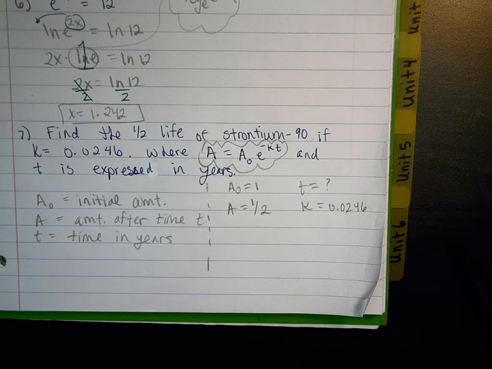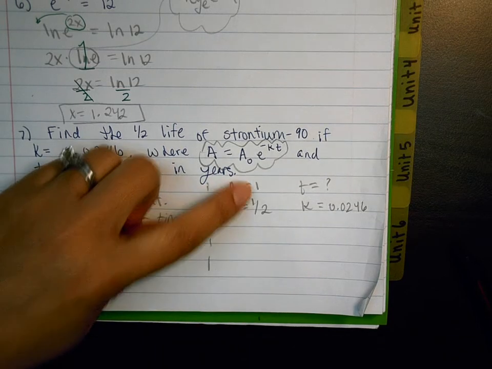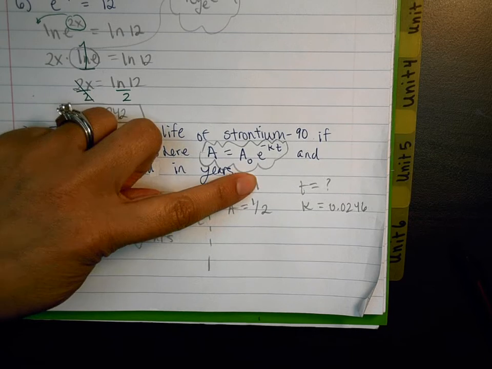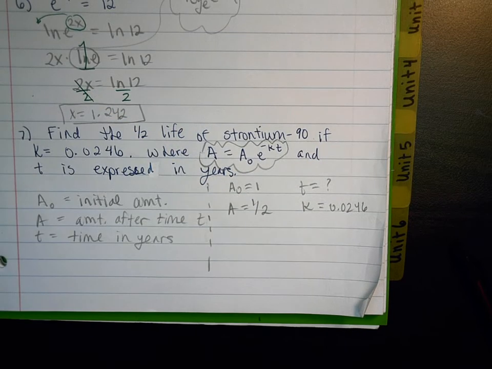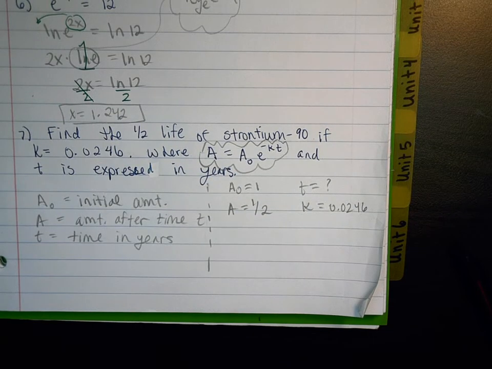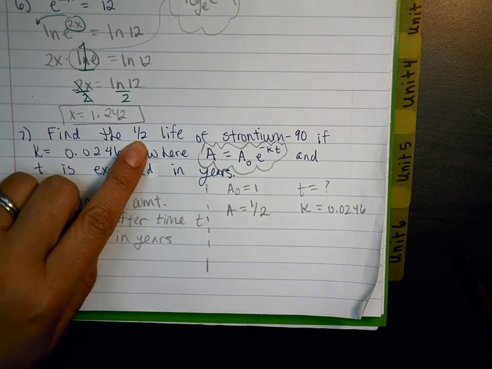How long does it take for us to double the amount we started with? 1 and 2. Triple the amount we started with? 1 and 3. How long does it take for us to end up with half of what we started with? 1 and 1/2. A naught's the initial amount. When they don't give it to you, you make it 1. And A is a half or 2 or 3 depending on what you're dealing with. In this case, it's half-life, so it's half.